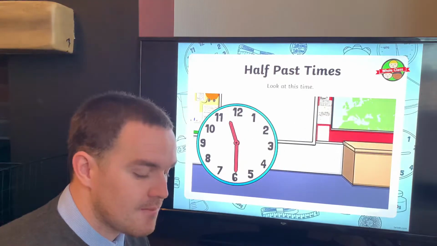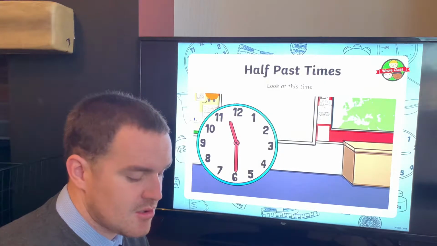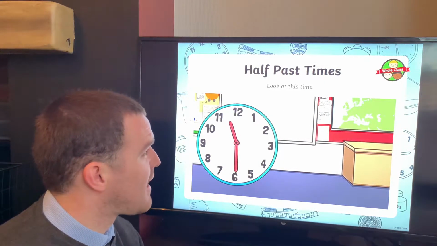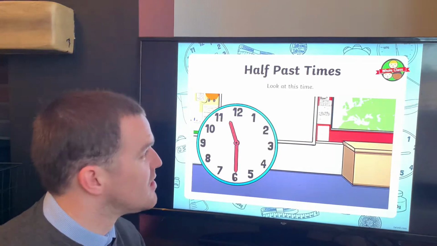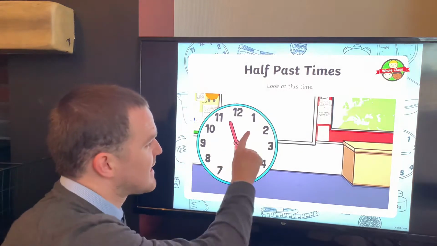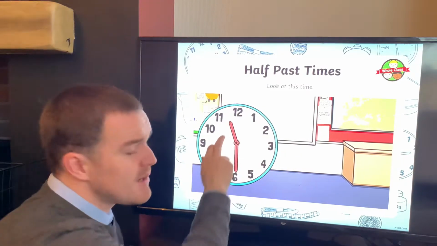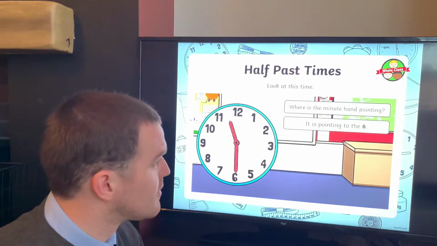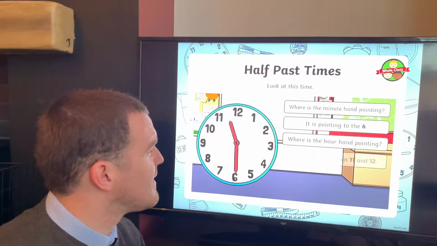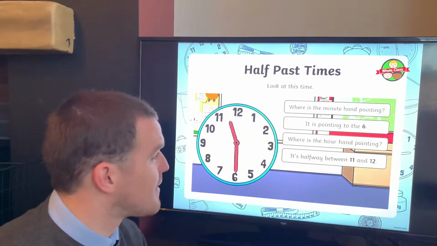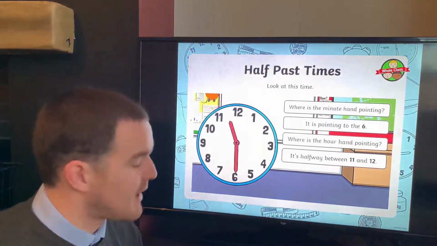Let's look at another one. So we have here, half something. Look at our numbers. Which way is that ticking? Remember the ticking, tick, tick, tick, ticking around the clock. It's in between 11 and 12. If it's in between 11 and 12, what time is it on that clock? I'm going to make it on my clock.